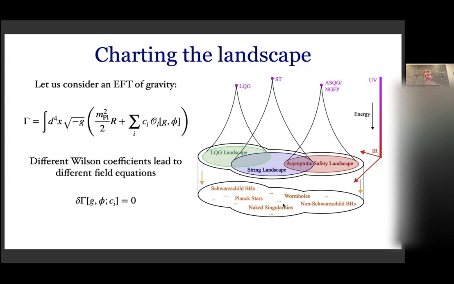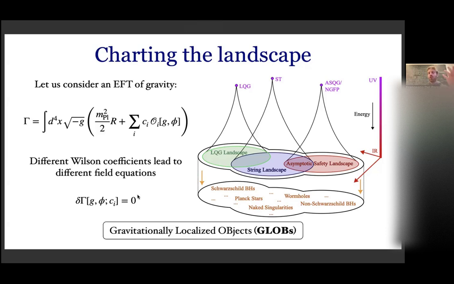And along the paper, with the aim of being generic, we decided to name all the possible, quote unquote, isolated objects that come out of a field equation of this kind as gravitational localized objects. Because, actually, it sounds good, we needed a term and we went for it.